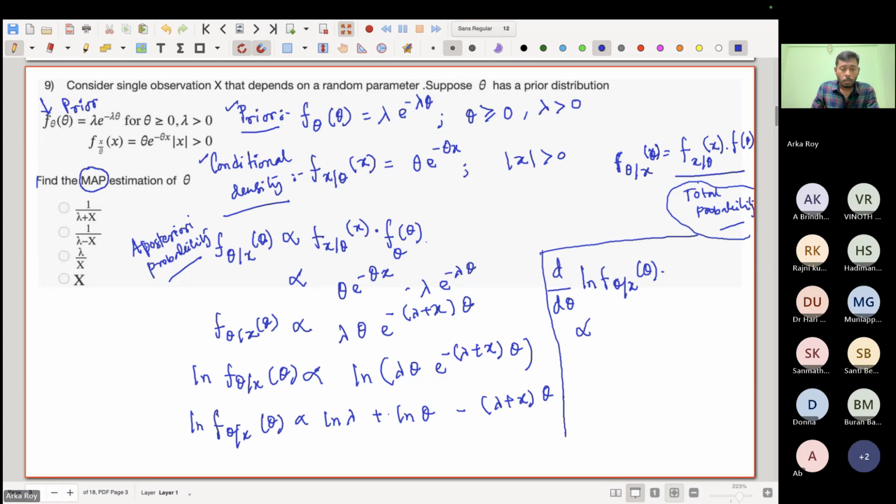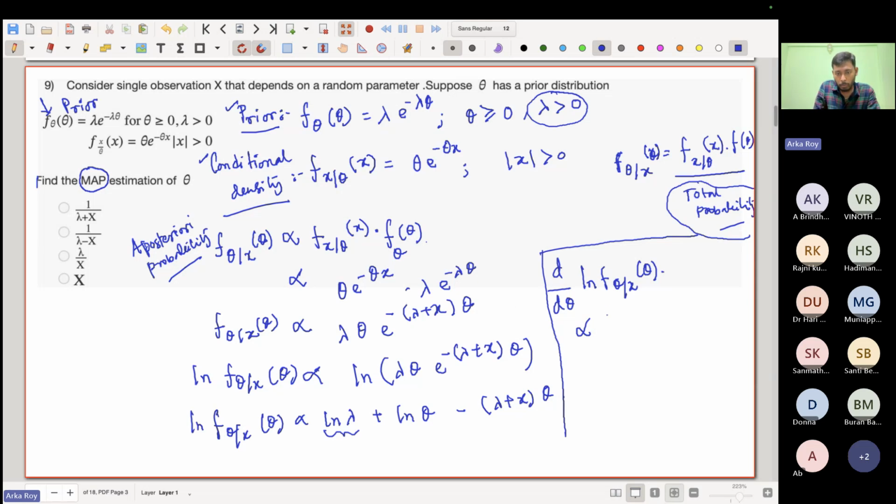This ln λ is basically the decay constant for this exponential distribution, so it is a simple constant that does not depend on θ. Therefore the derivative would be 0.